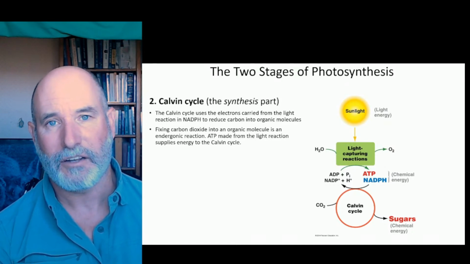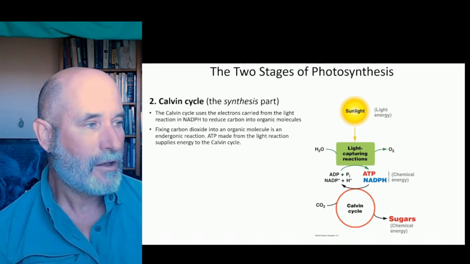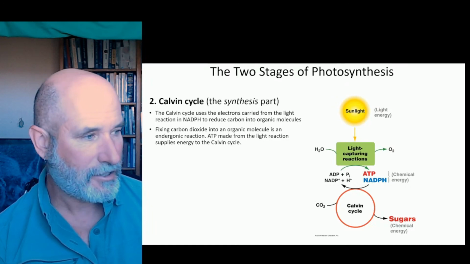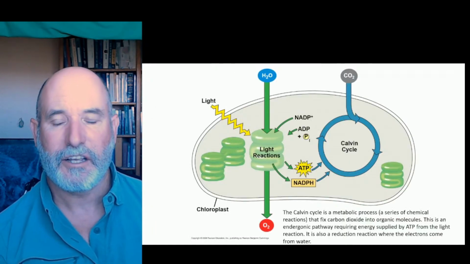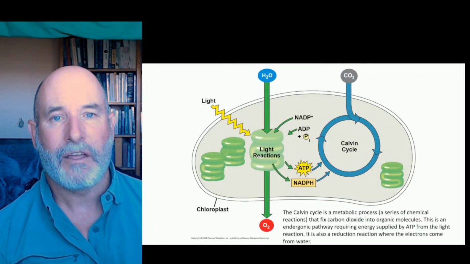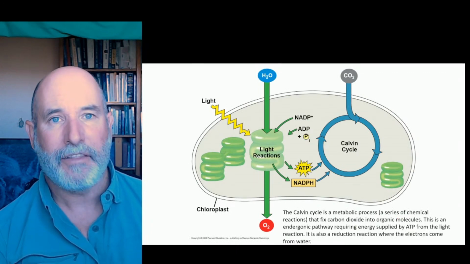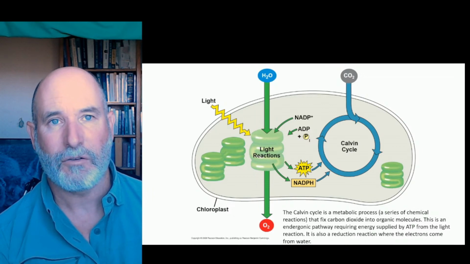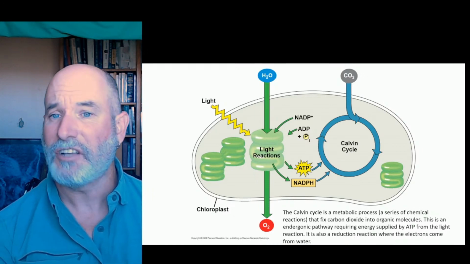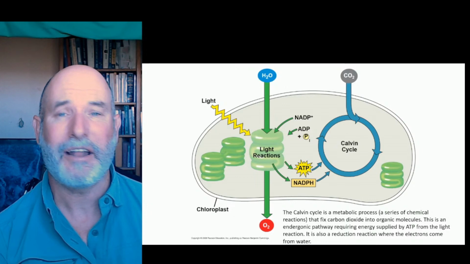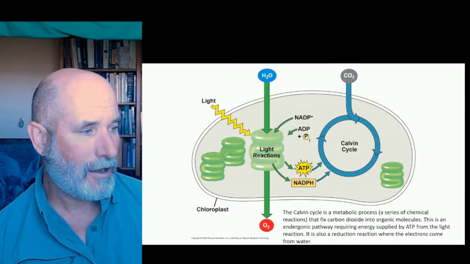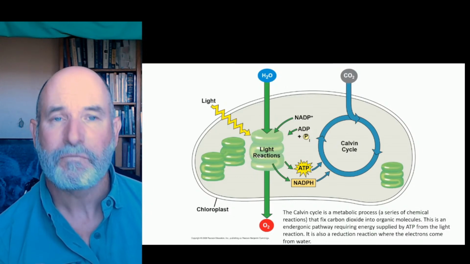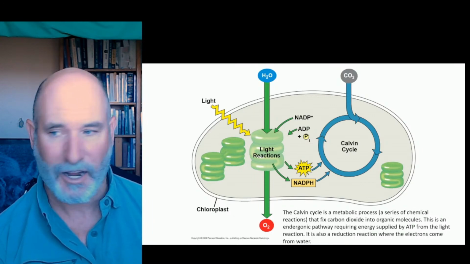Okay, now the synthesis part of photosynthesis is the Calvin cycle. And the Calvin cycle occurs out in the stroma. Basically, it's going to take the electrons from NADPH and the ATP, and it's going to take carbon dioxide and fix it into an organic compound. It actually doesn't make glucose. That's made after the Calvin cycle. But it's a metabolic process, a series of chemical reactions.